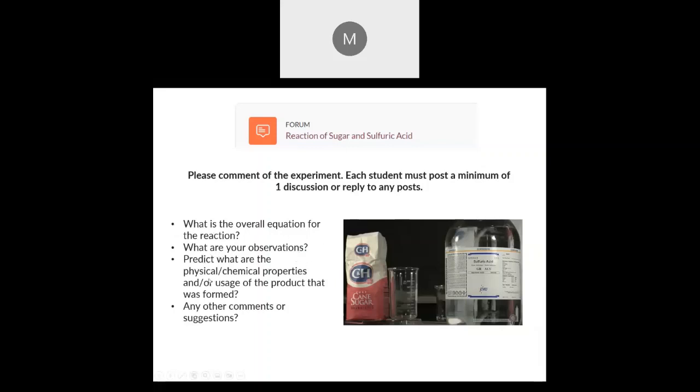Predict what the physical or chemical properties are, and what the usage of the product that was formed is. You can suggest what we can use that final product for, or any other comments or suggestions. I want you guys to chat with each other about anything you observe, based on your observations and on these questions.